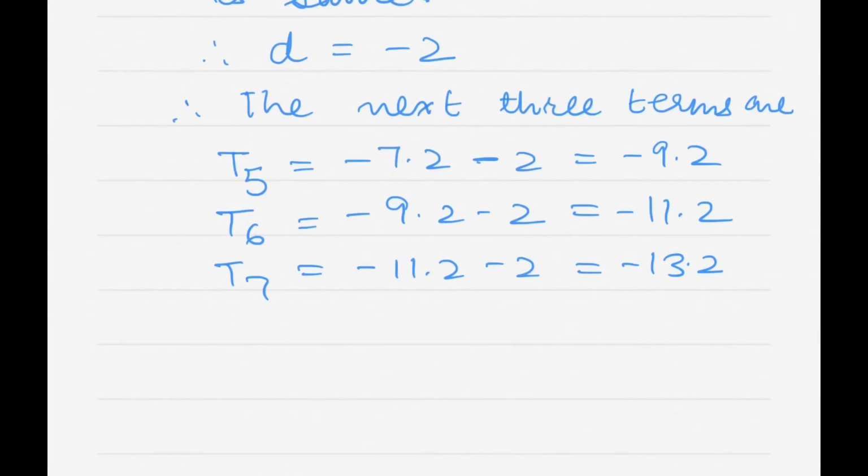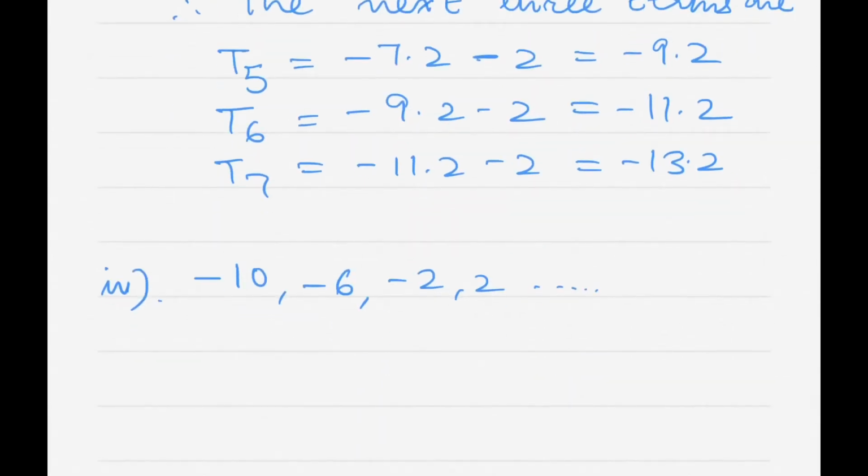So next part is fourth. The fourth part says my series is minus 10, minus 6, minus 2 and so on. So again I have to check whether the difference between the terms is same or not. T2 minus T1 will be equal to minus 6 plus 10, so 4.